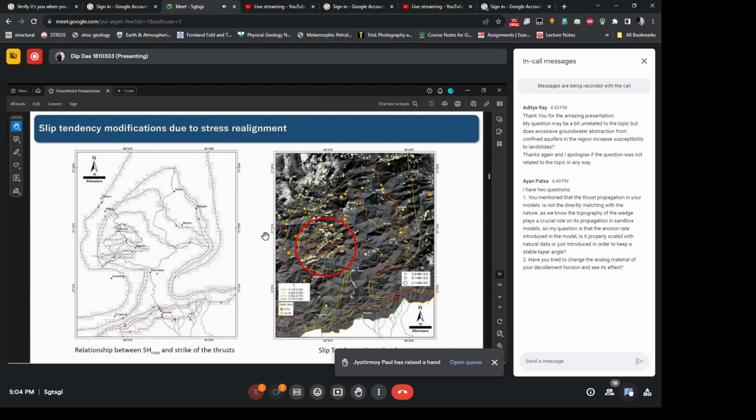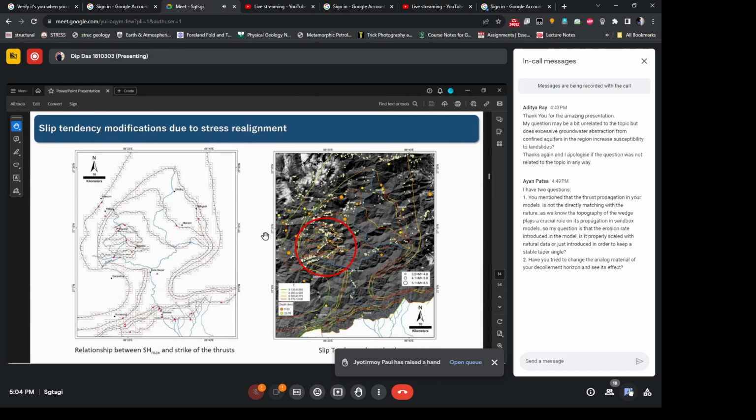So that was my question: what was the basis of that hypothetical value? You have assumed something, right? Yes, sir. I took some values from a Mark Zoback paper. For the World Stress Map, he proposed some stress values for several regions.